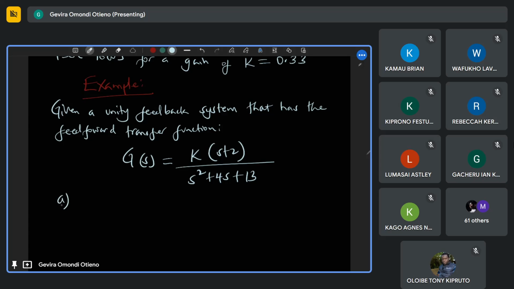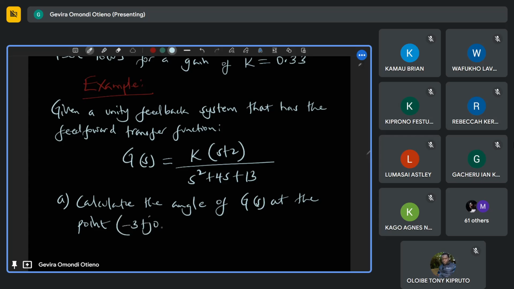Part A, calculate the angle of G of S at the point minus 3 plus j0, okay?